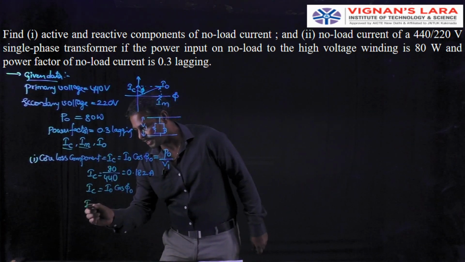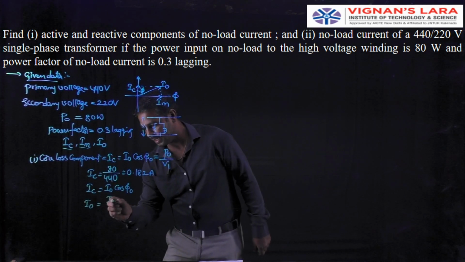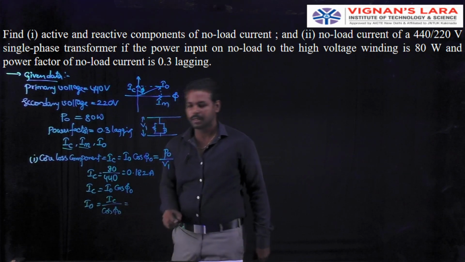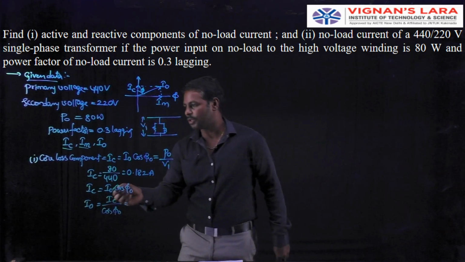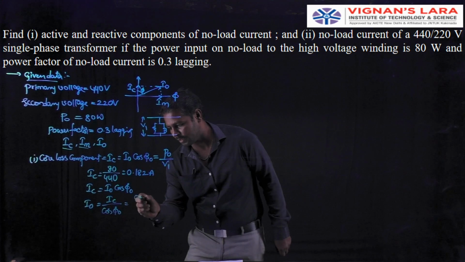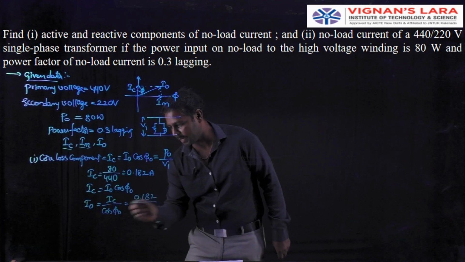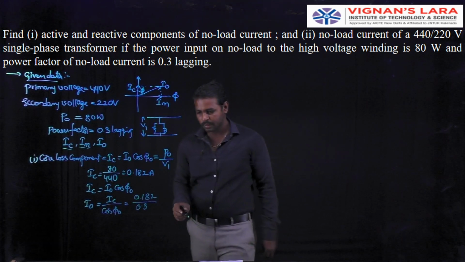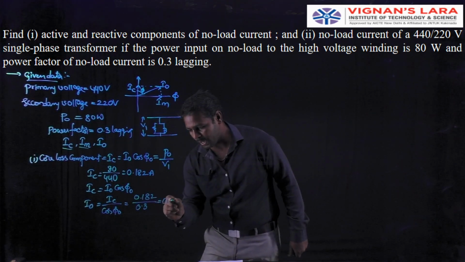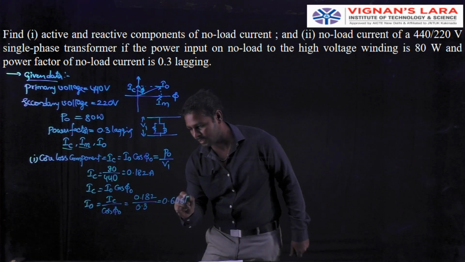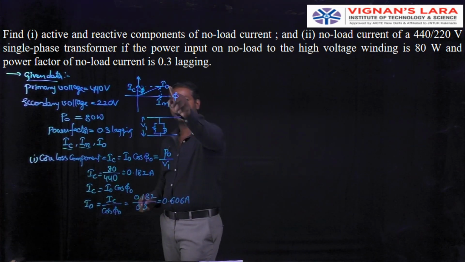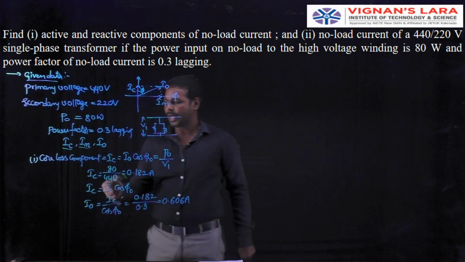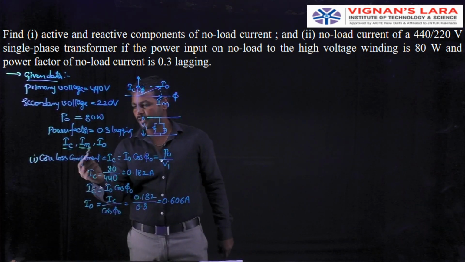So I naught is equal to IC divided by cos phi naught, which is 0.182 divided by 0.3, equal to 0.606 amperes.